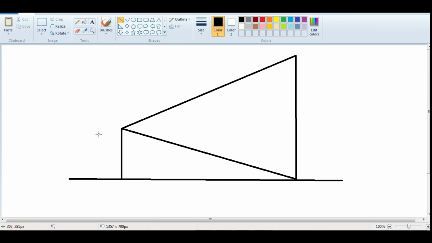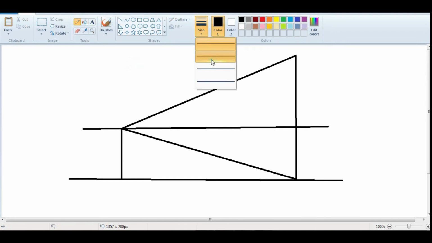I'm just drawing another baseline over here, just like this, okay? To make the problem simpler. Now this one, it's 60 degree. And this one is how much? It's 45 degree.